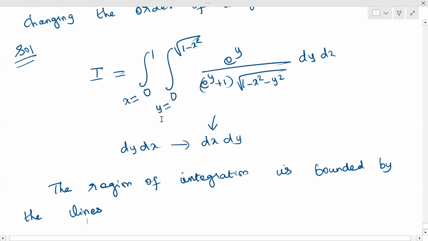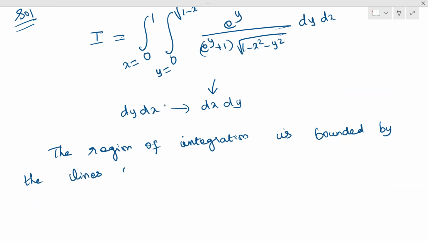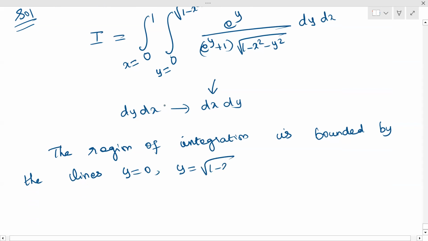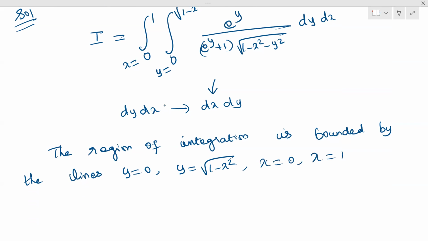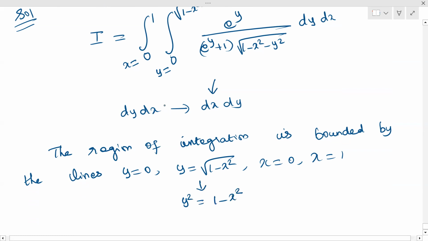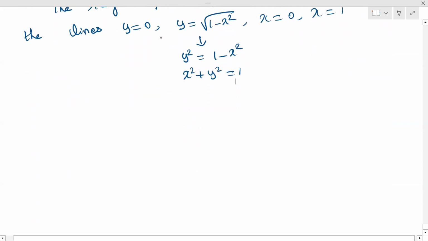What are the lines? y equal to 0, y equal to root of 1 minus x square, and x equal to 0, x equal to 1. So y equal to root of 1 minus x square means, when we square, we will get y square equal to 1 minus x square. That means x square plus y square equal to 1, which is nothing but a circle with the center origin and radius 1.